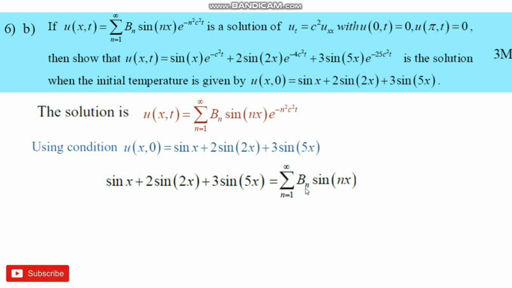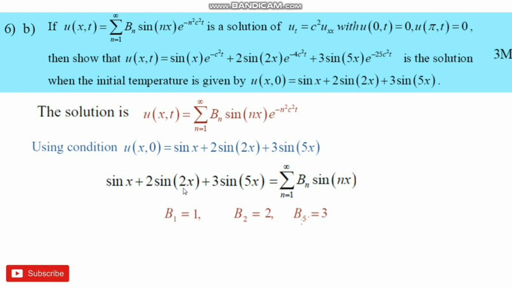this series. On the left hand side we have 3 terms. By comparison, we will get 3 non-zero coefficients. All other terms are 0. Basically it is sin 1x. When n is equal to 1, we have one non-zero coefficient, b1 is equal to 1.